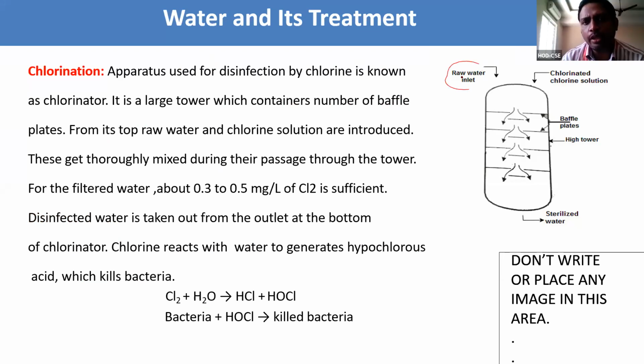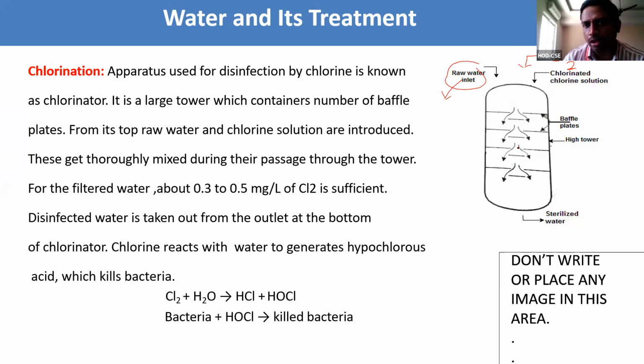Raw water is nothing but river water, which contains impurities, and we add the chlorine, in the form of chlorine gas or chlorine solution, from the top of this chlorinator, and they react here.